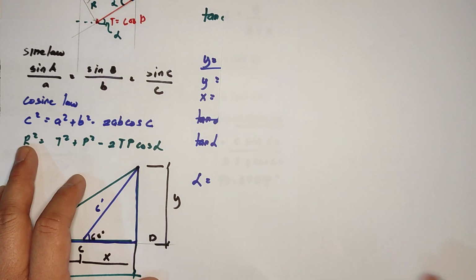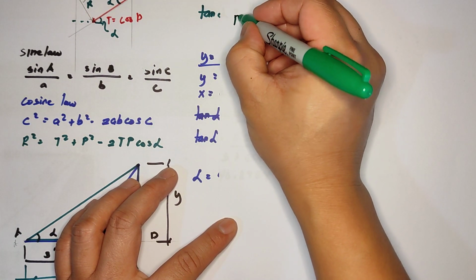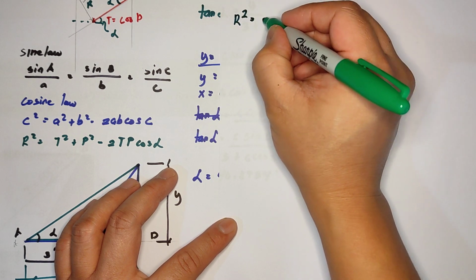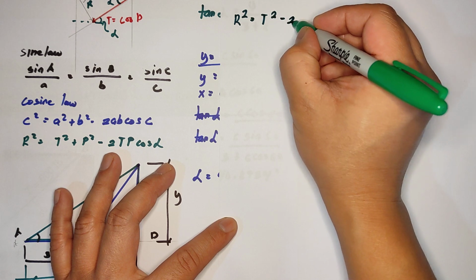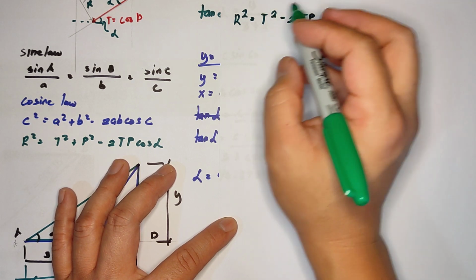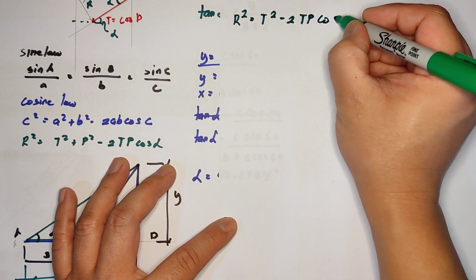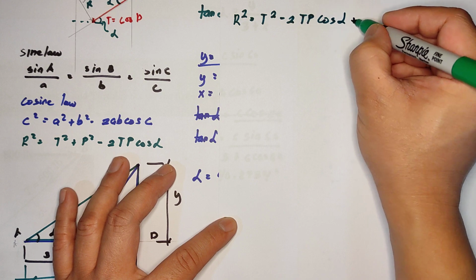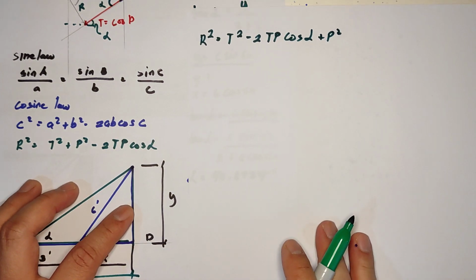Now I will just copy this equation. So you now have r squared equals t squared minus 2 t p cosine alpha, then you have plus p squared. I forgot that.